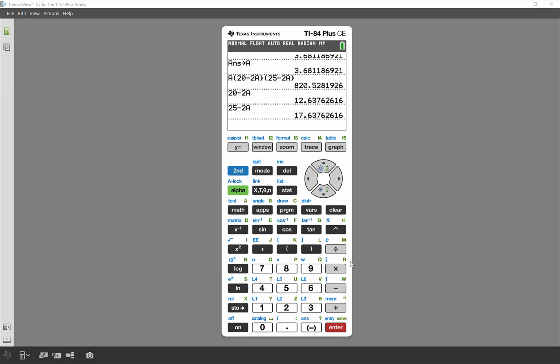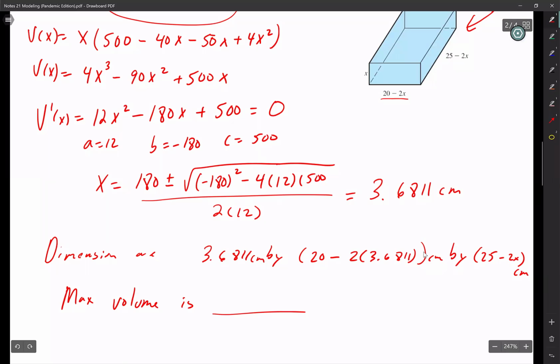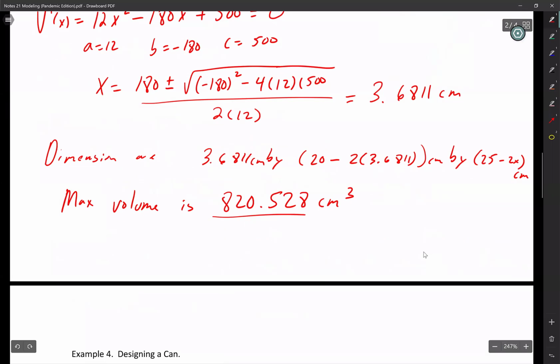So let's go back. All right. What was my maximum volume? That I already forgot. 528 cubic centimeters. And the dimensions were 3.6811 by, what was the 20 times minus 2.3 times whatever?